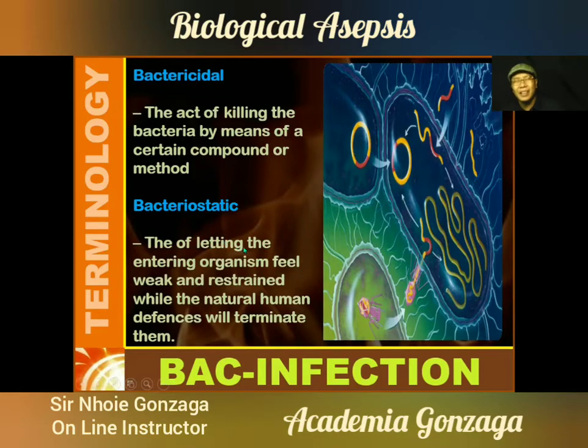It's still the body that kills the organism because it is now stronger than the organism. So that is the difference between bactericidal and bacteriostatic. When you do not want to kill the bacteria, you just want to weaken it so that the body can conquer it, that's bacteriostatic. But when you want to kill it because the body may not be able to kill it, that is bactericidal. Okay?